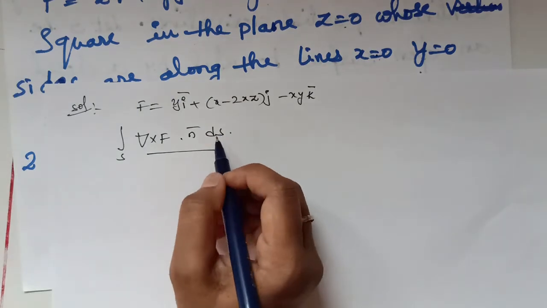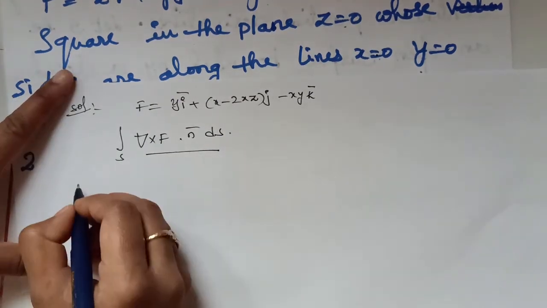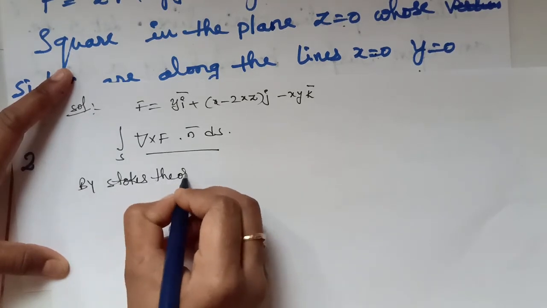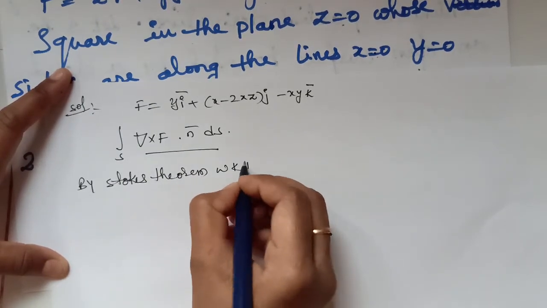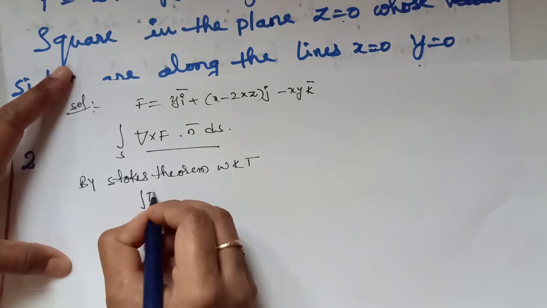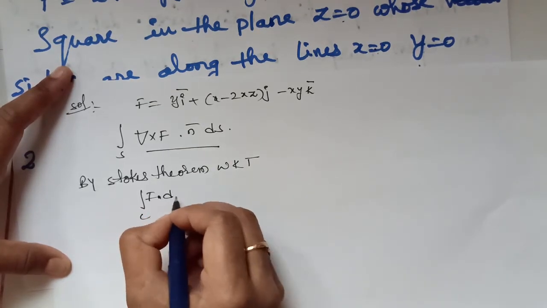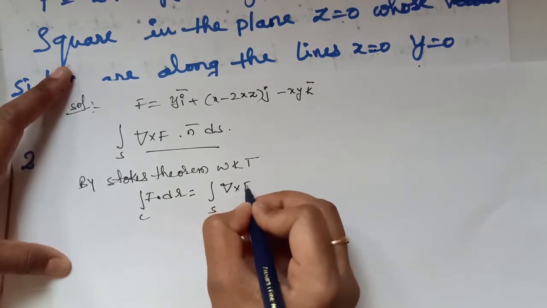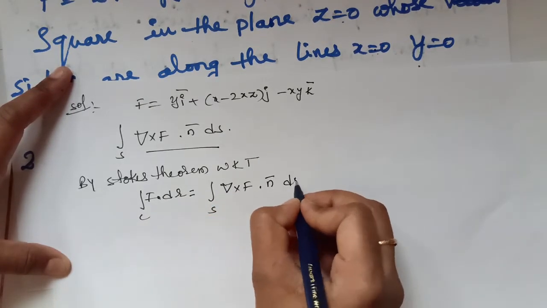To evaluate this, by Stokes theorem we know that the line integral F dot dr is equal to the surface integral del cross F dot n bar dS.